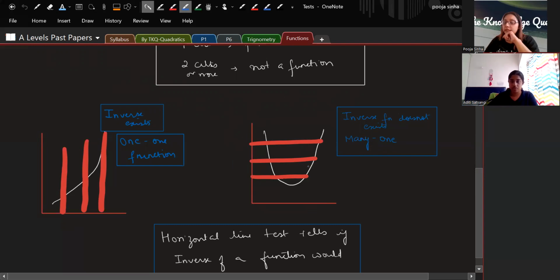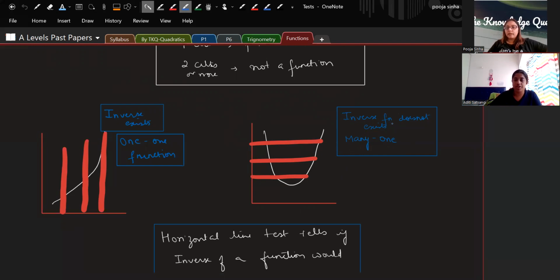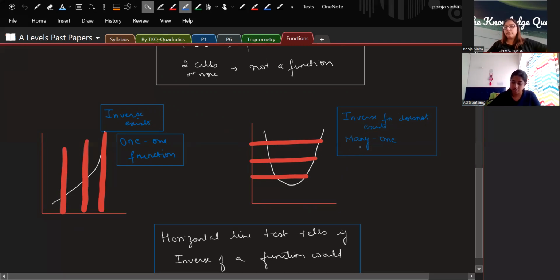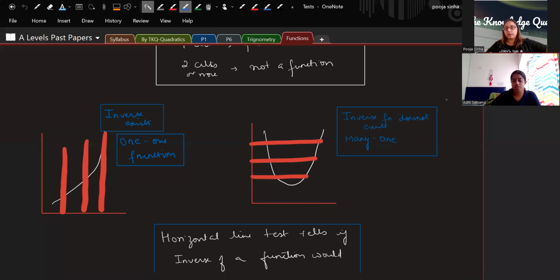An inverse function doesn't exist for a many to one function. Because it's not a one to one function, it's a many to one function. And when you do the horizontal line test on a many to one function, what you see is it cuts at two places. If it is cutting at two places, there's no inverse going to exist for this.